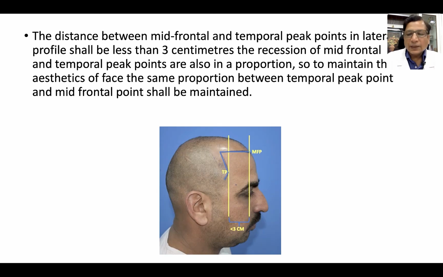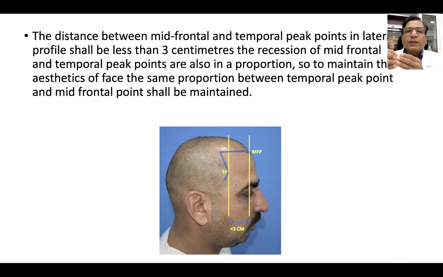Now there are some other important things you need to understand. As in my previous tutorial I said, in AGA, all the important aesthetic landmarks of the scalp recede in the same proportion. So when they are receding in the same proportion and when you are recreating them, relocating them or reconstructing and doing the hair transplant, then they should be placed in the same proportion.